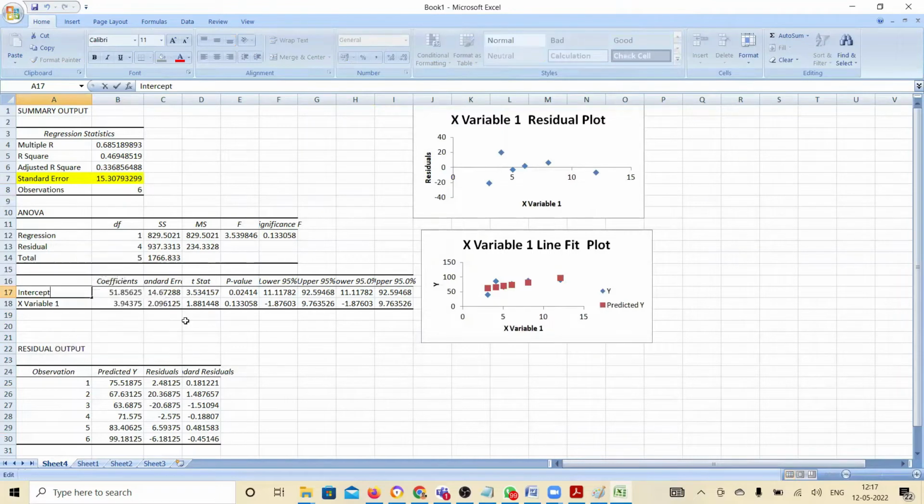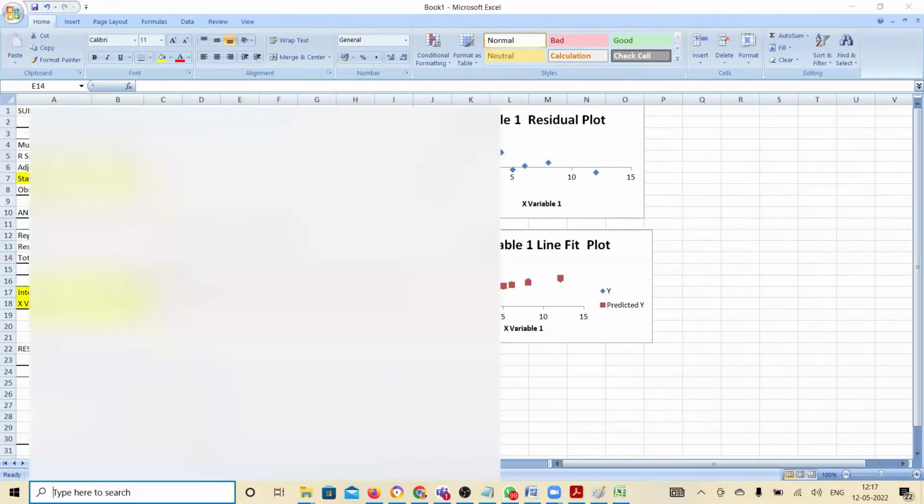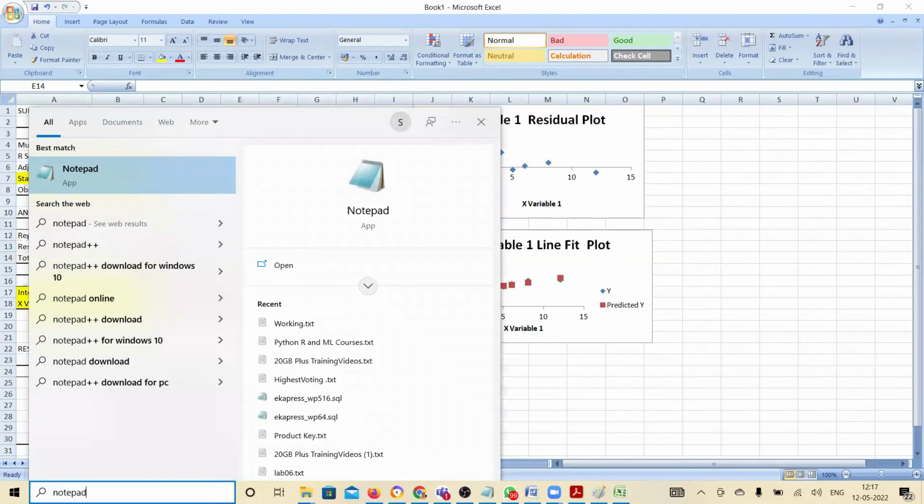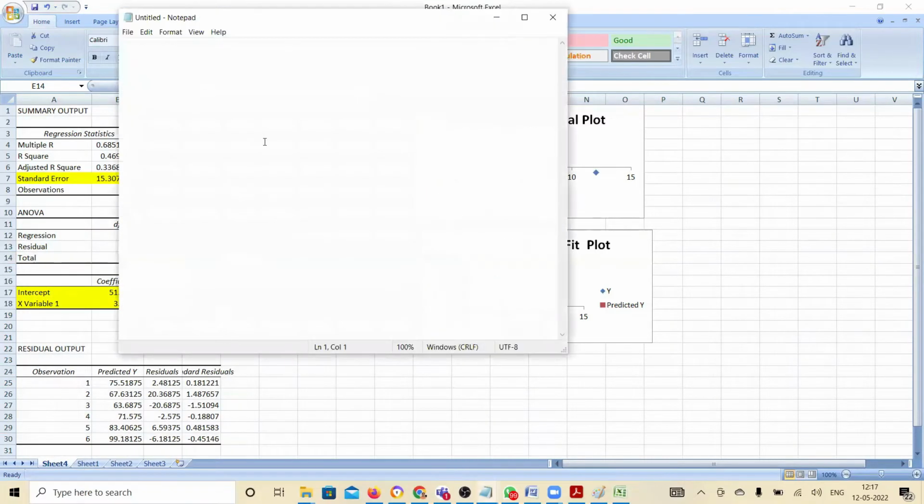This is the solution. Intercept 51 and X variable 3.94. How did we solve this? We have marks, which is directly proportional to hours of study, right?